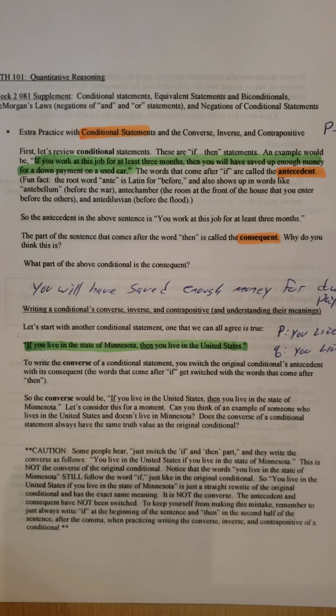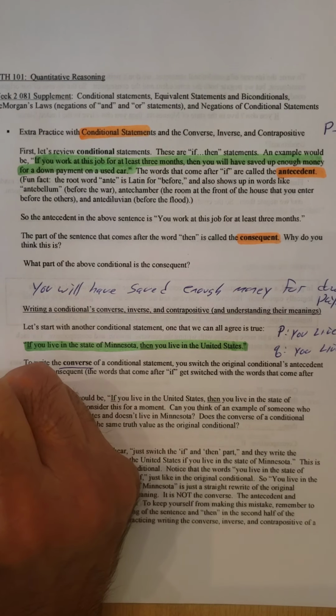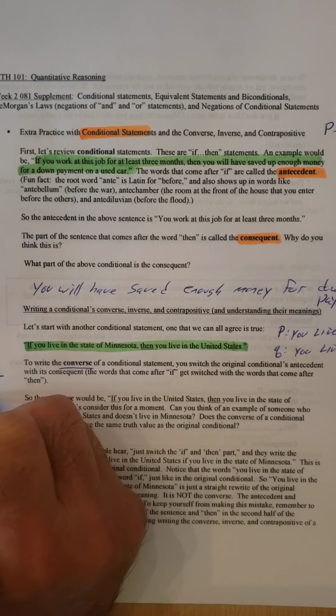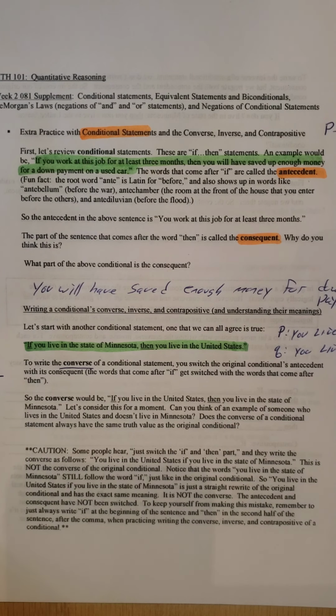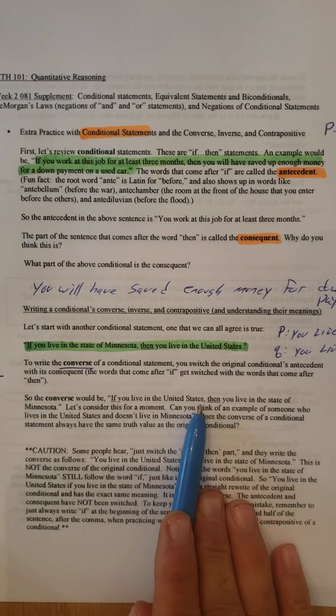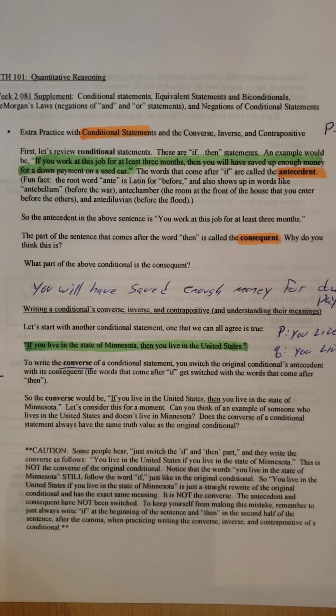Okay? And we should know that the converse just reverses both of those. So it's if Q, then P. So the converse would be if you live in the United States, then you live in the state of Minnesota. It just switched those two around. And an easy example of that would be we live in Illinois, okay?